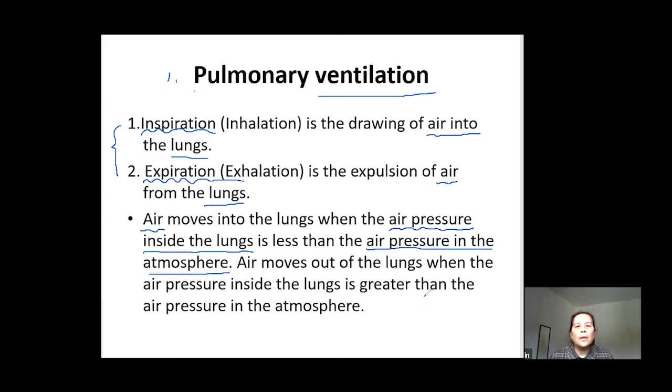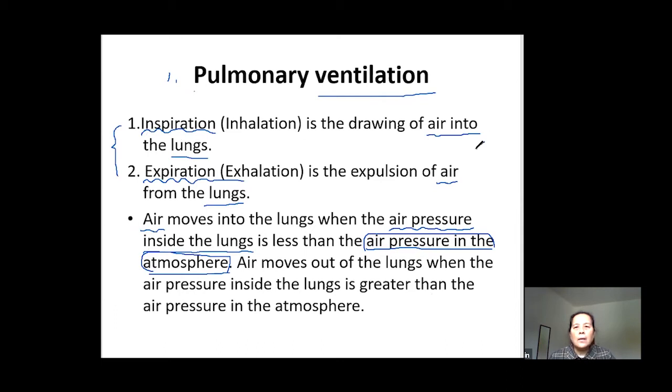The air will move to the lower side. So how can we change it? Certainly we couldn't change the air pressure outside of the body. But how can we change the pressure inside of the lung? That's basically by our respiration.